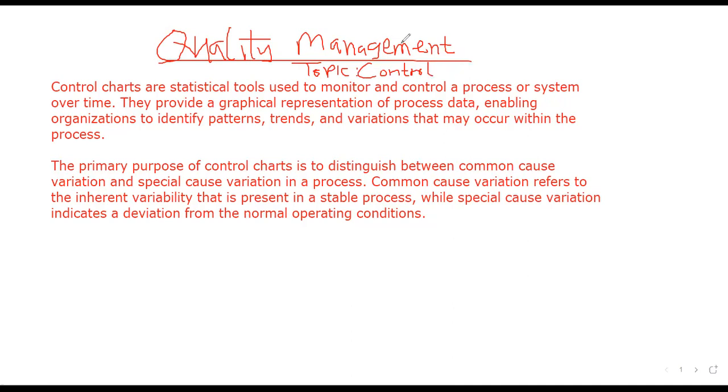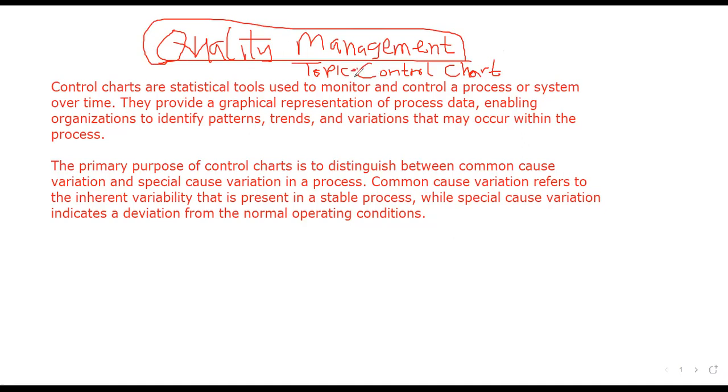Before getting down to the full control charts, we need to understand what control charts are.